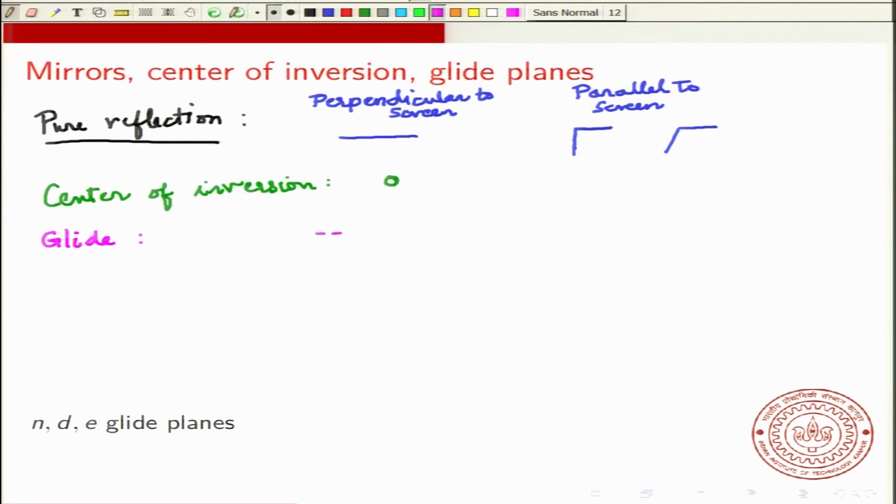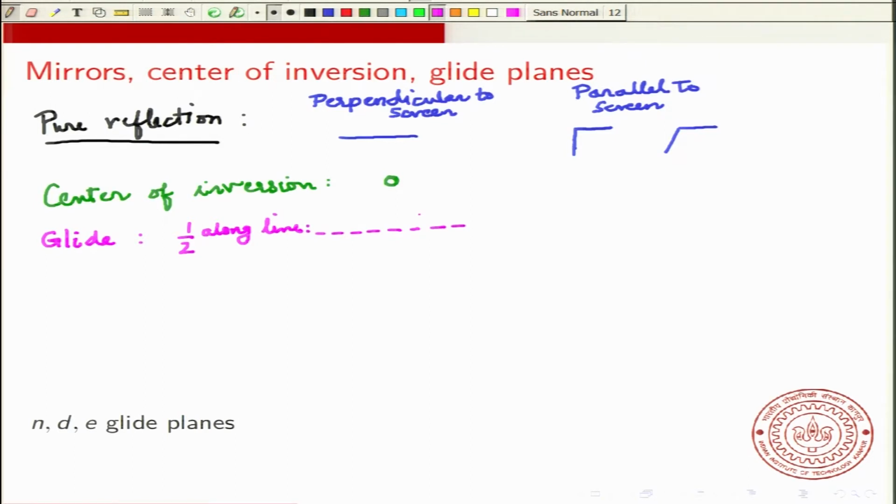There are various symbols. You could have a dashed line, and this indicates that the translation is half along the line. So the translation direction is along this line that is shown. The mirror is perpendicular to the screen, translation is along this line.